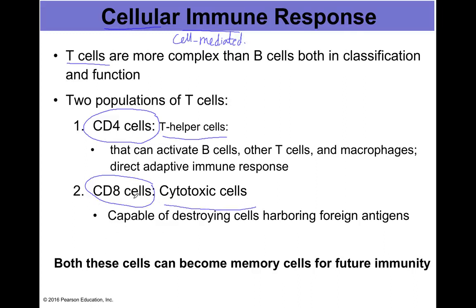Both of these are also going to form memory cells. A branch of it can form memory cells, which carry the same function as B memory cells, flowing around and making sure that they are guarding against the same pathogen later in life.